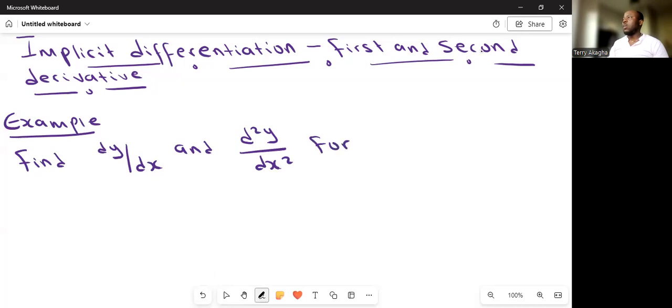The equation we're given is x squared plus 2xy plus 3y squared equals 4. So you can see this is implicit because the x and the y are together.